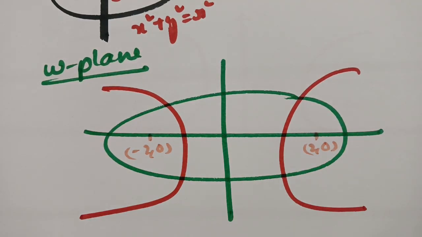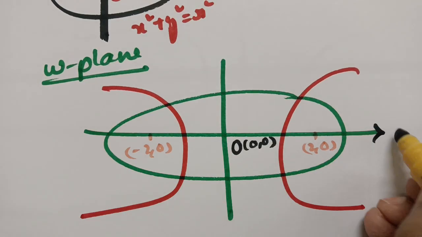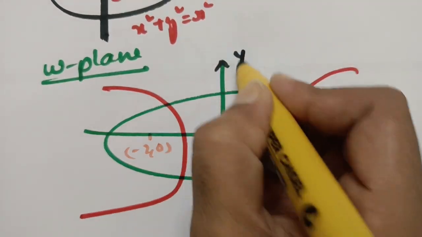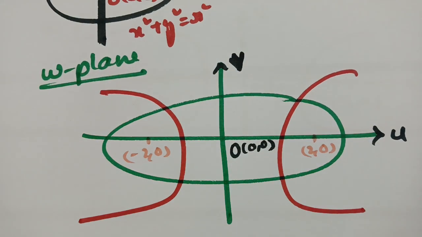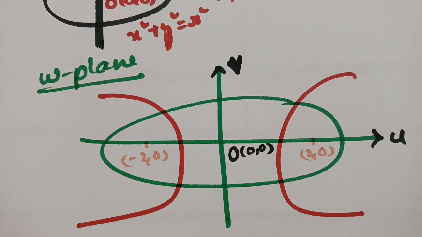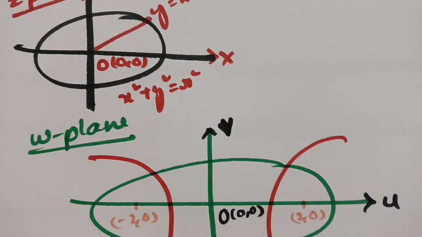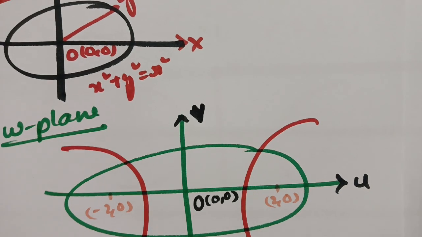This is the origin 0 comma 0, this is u and this value is v. This is the z plane, the xy plane, and this is the uv plane, the w plane. So this is how we have to adopt it, and this is the hyperbola.